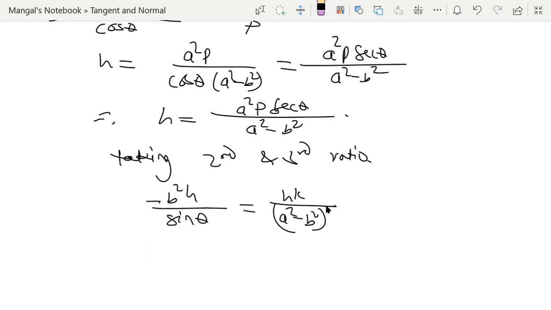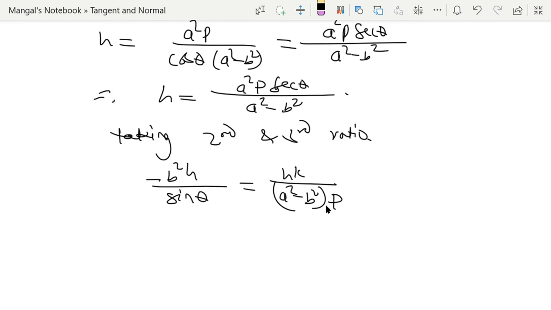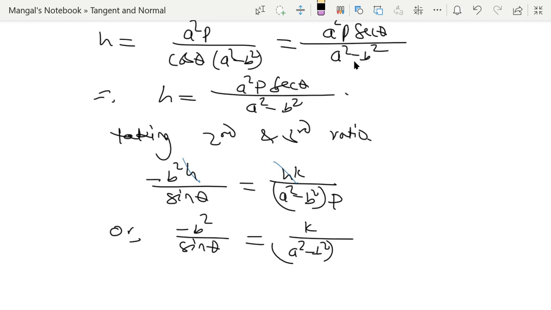Here on either side h will get cancelled, so there remains minus b square by sin theta equal to k times a square minus b square by p.